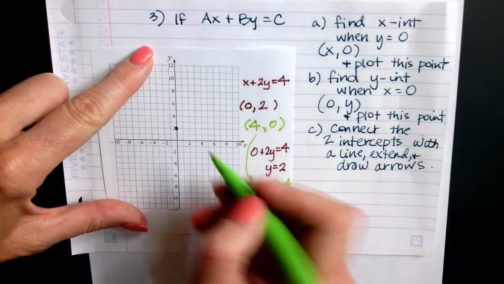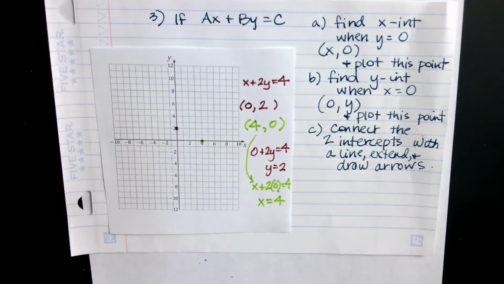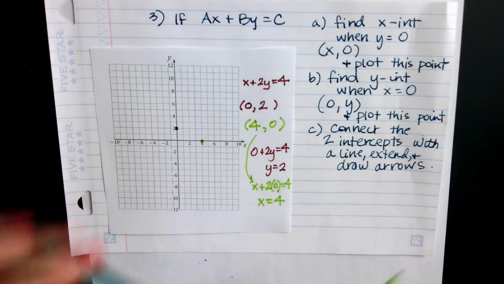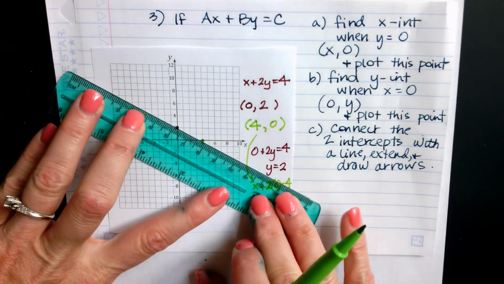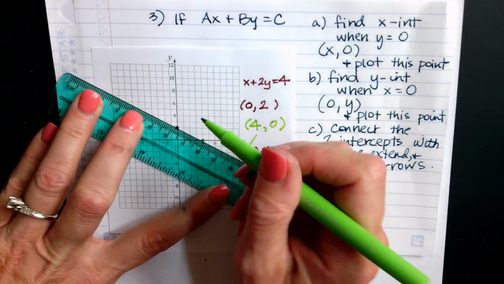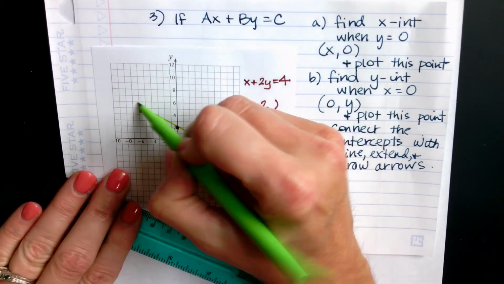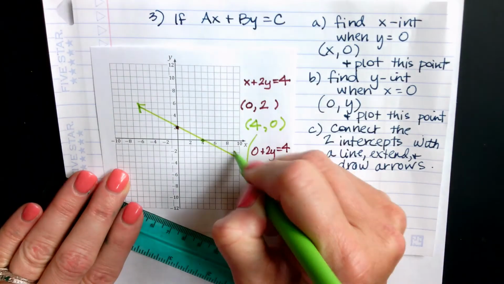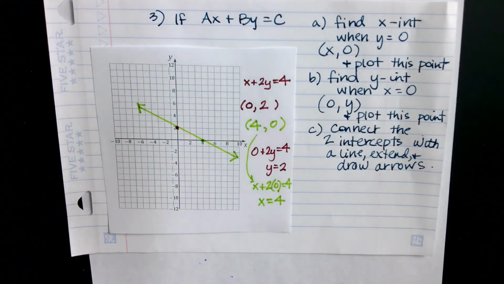So now I can plot (4, 0) as my x-intercept. And these 2 points determine the line. So we can connect the x- with the y-intercept and extend the line and add arrows to show that the pattern continues.